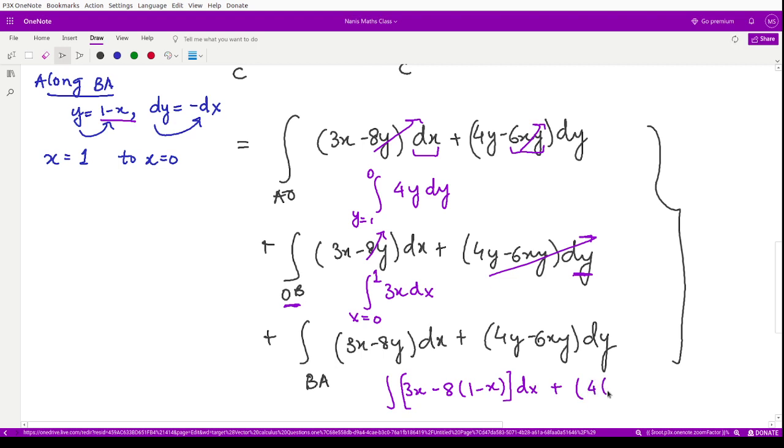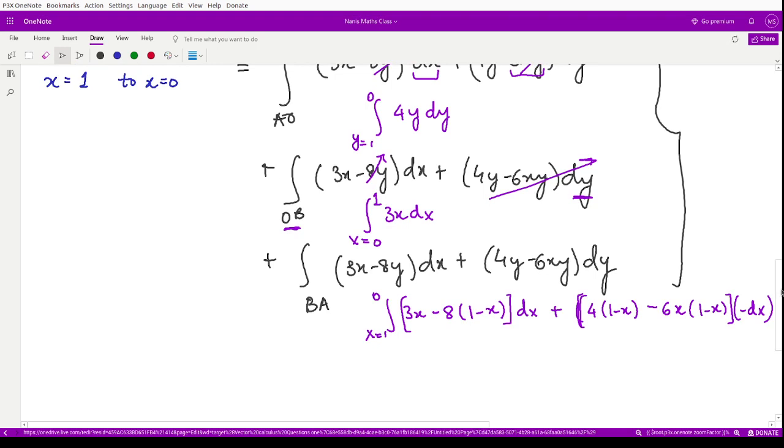So 4 into, instead of y, we'll write 1 minus x. Minus 6x, instead of y, it is 1 minus x. And in place of dy, it is minus dx. And here the limits of integration, x varies from 1 to 0, right? So your final simplified terms would be this one plus this one.